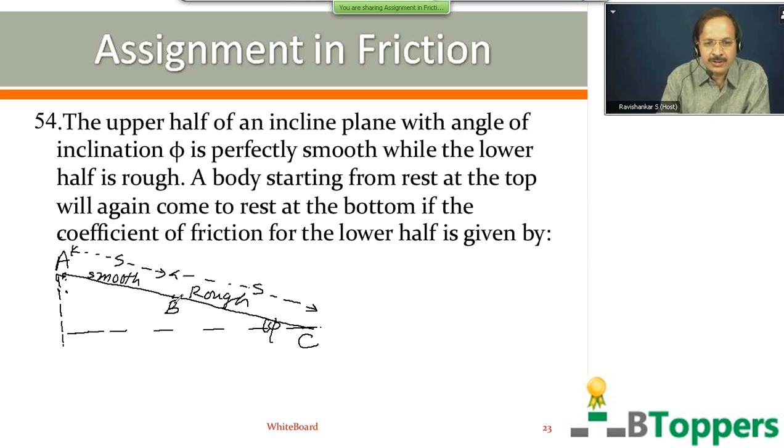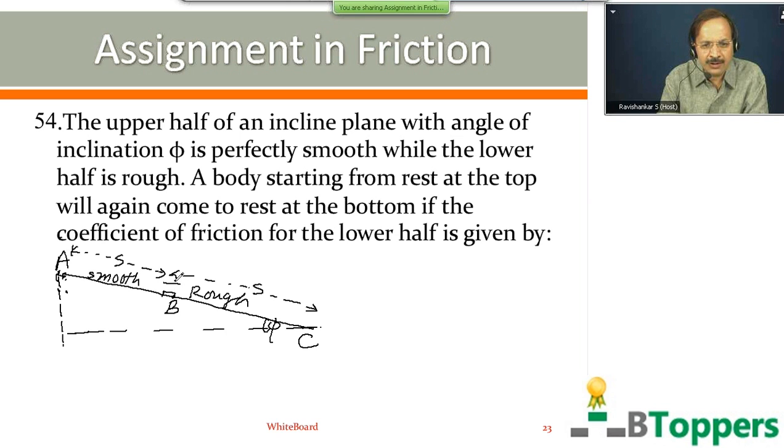That means the part of the inclined plane from A to B is smooth and the part from B to C is rough. A is the initial position of the block at the top of the inclined plane. B is at the middle of the inclined plane. C is the final position at the end of the motion down the rough and smooth inclined plane.